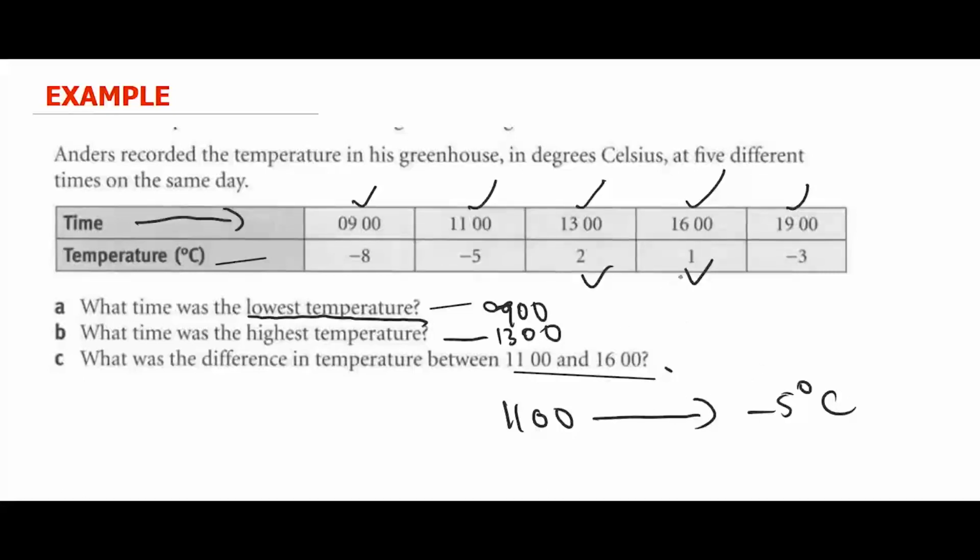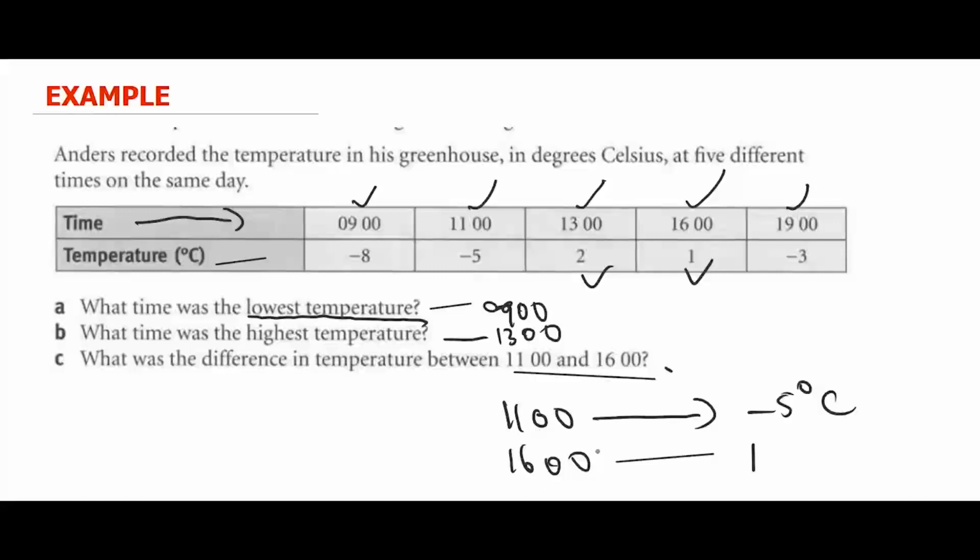Then at 1600, the temperature was 1. So that means it goes up, right, from 11 to 16 o'clock.